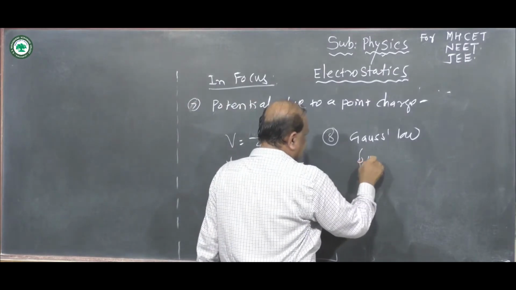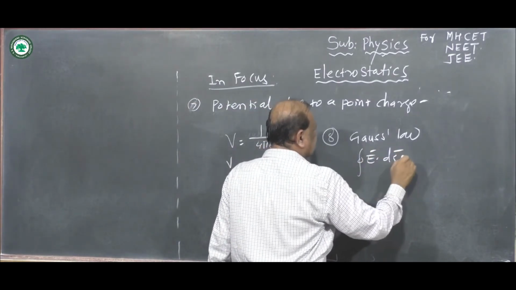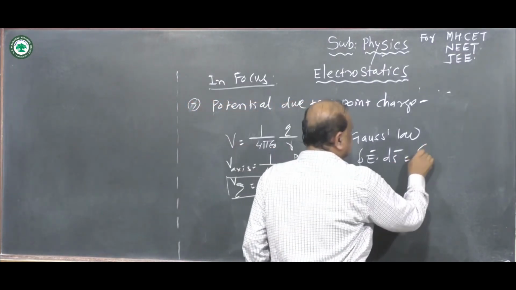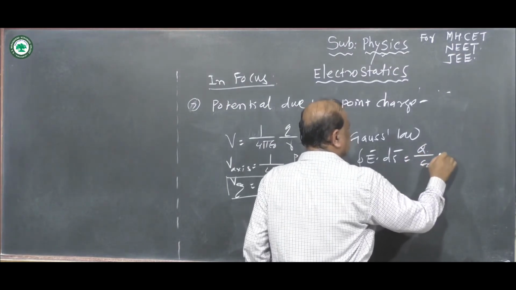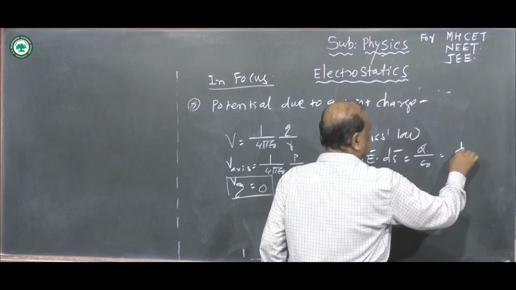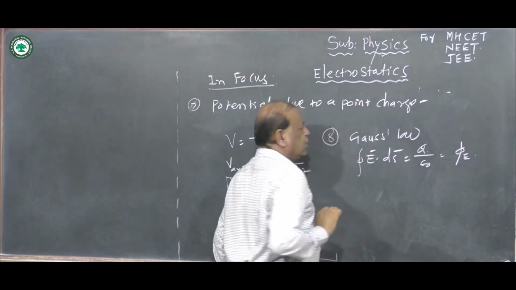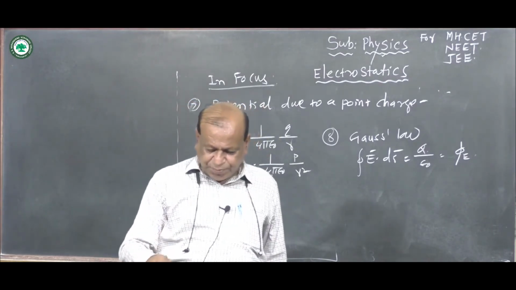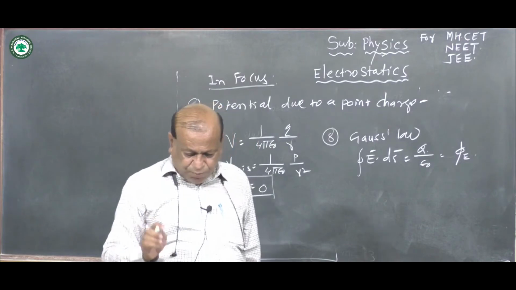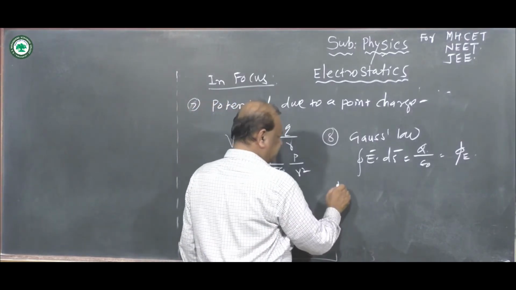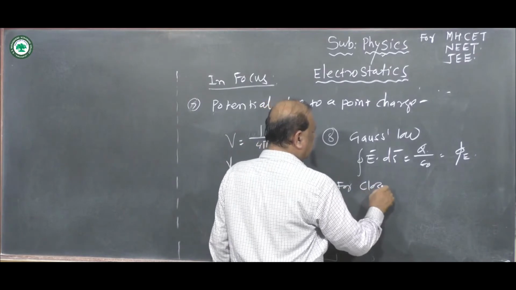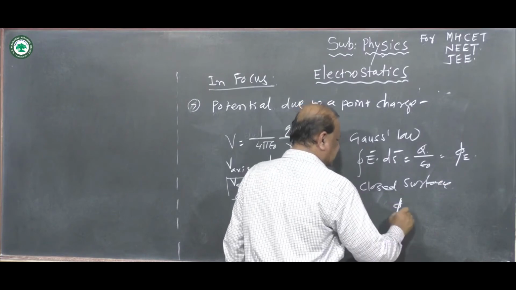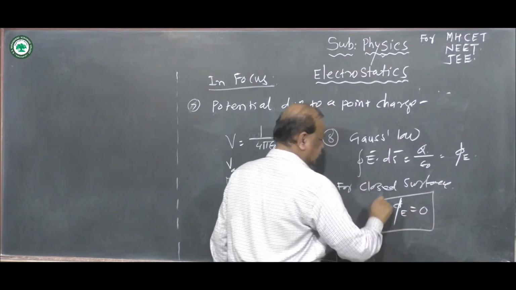The closed surface integral of E dot ds is equal to the charge Q divided by epsilon 0, or equal to the electric flux phi E. This is the value of electric flux. And for a closed surface with no enclosed charge, this electric flux phi E is 0.